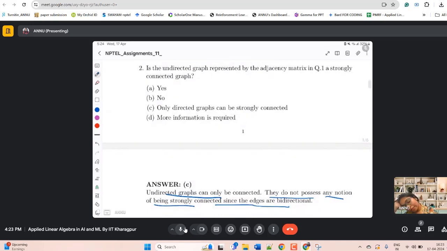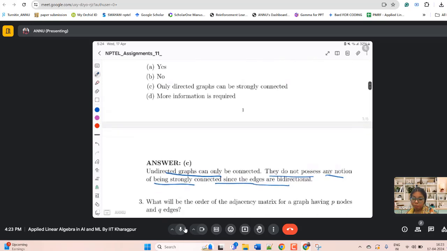First of all, undirected graphs can only be connected. They cannot be strongly connected. They do not possess any notion of being strongly connected since the edges are bidirectional. Okay, moving to the next question.